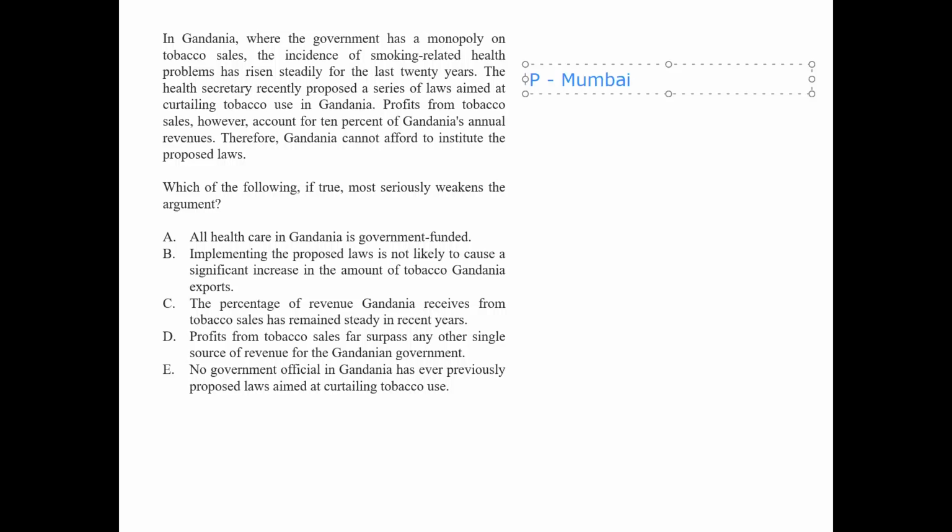Let me take the name as Mumbai for convenience. So in Mumbai, the government sells tobacco, or the government has authority over tobacco sales and everything. That is the first point they mentioned.